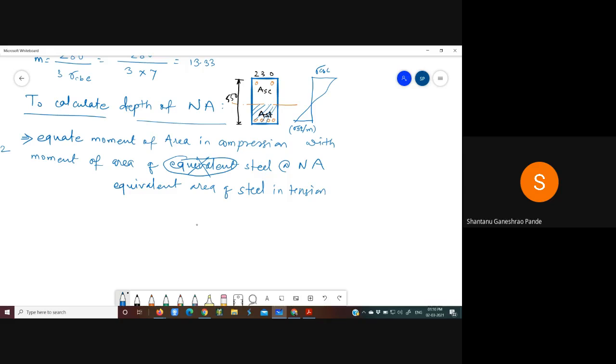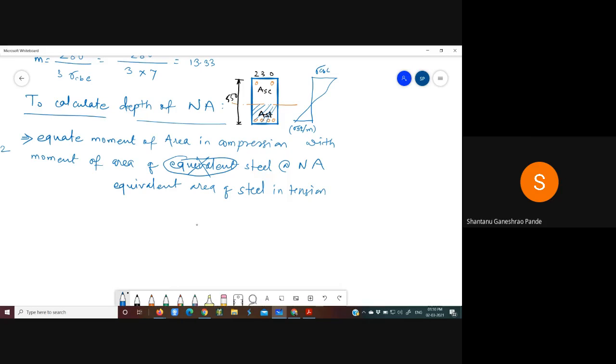Because there is tension in the bottom part, below the neutral axis, there is a tension zone, and in the tension zone there is concrete as well as steel. But as per assumption, this concrete is no more useful in resisting the tension. Only steel is going to resist that. That's why we are considering this equivalent area of steel.